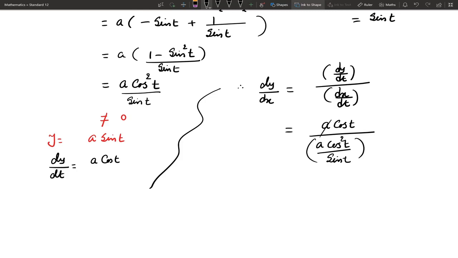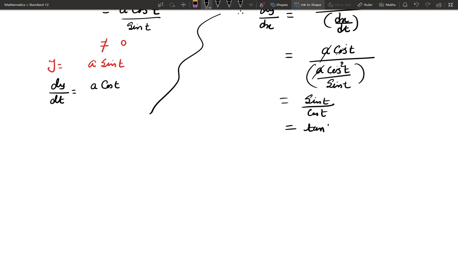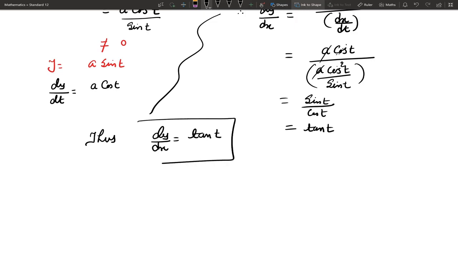So in the simplification, a cancels, one cos is cancelled, so it is sin t upon cos t, that is tan t. So dy by dx is tan t. Thus dy by dx is tan t.